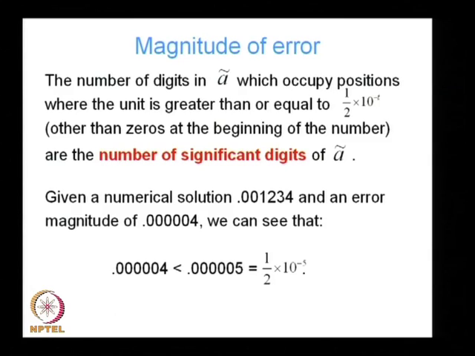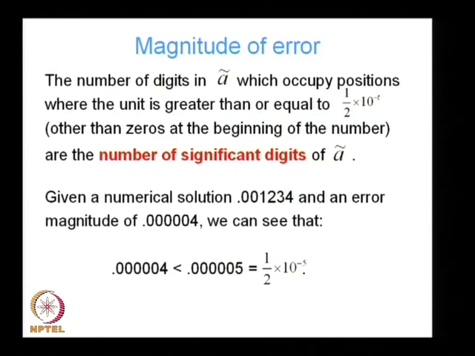Suppose we have a numerical solution 0.001234 and we know that the numerical solution has an error of magnitude 0.000004. We can see that 0.000004 is of course less than 0.000005, which is equal to half times 10 to the power minus 5.